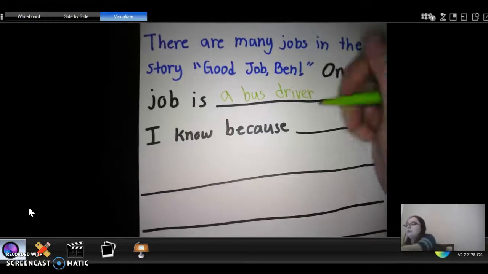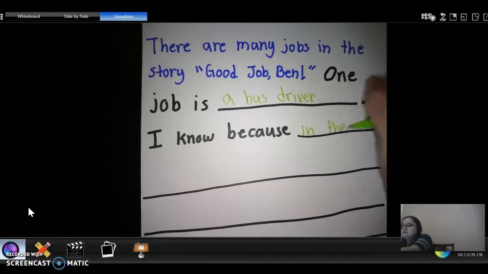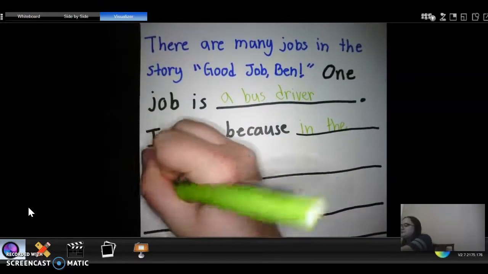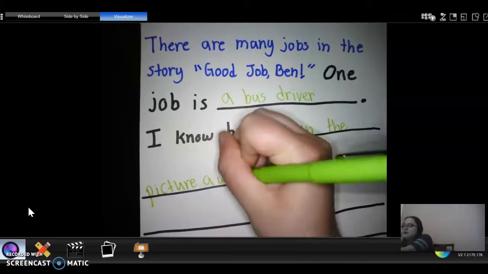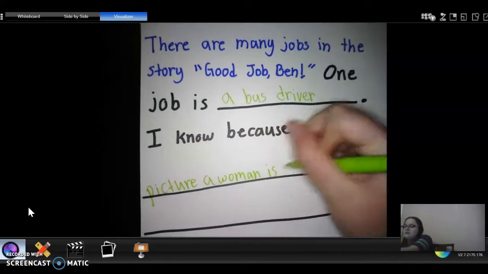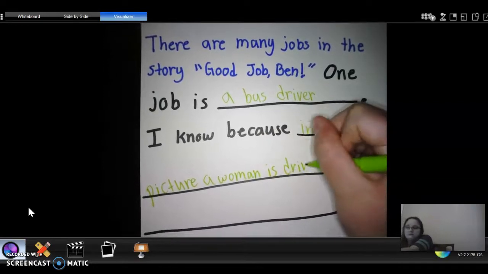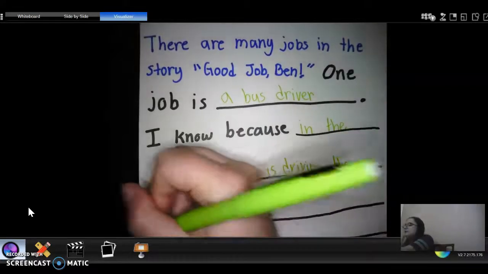I know because in the picture a woman is driving the bus.